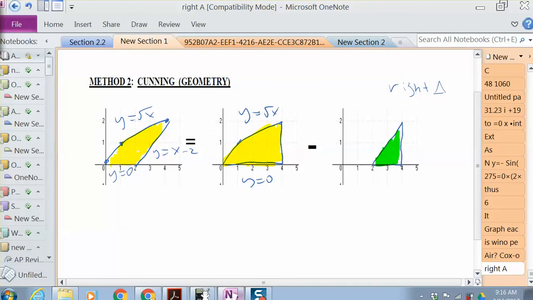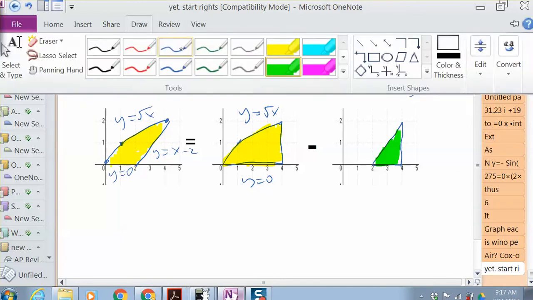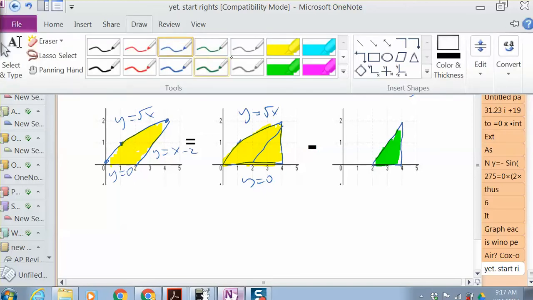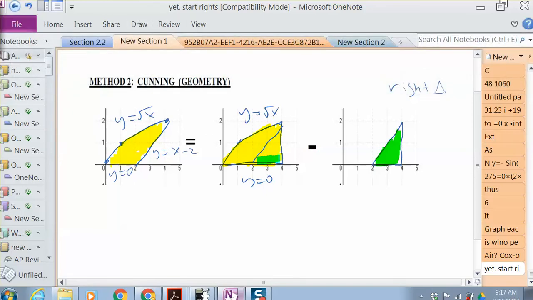If you subtracted a right triangle from y equals root x, wouldn't that get you what we're looking for?